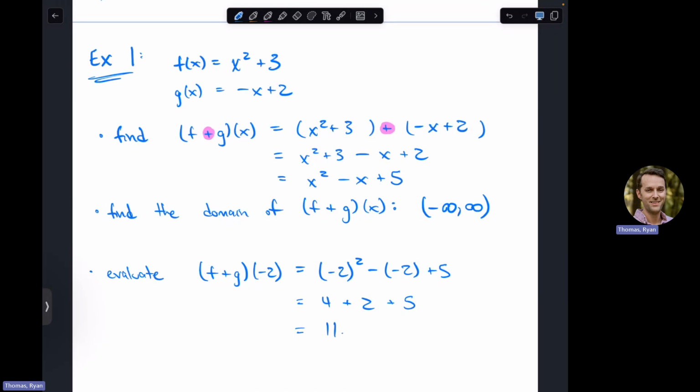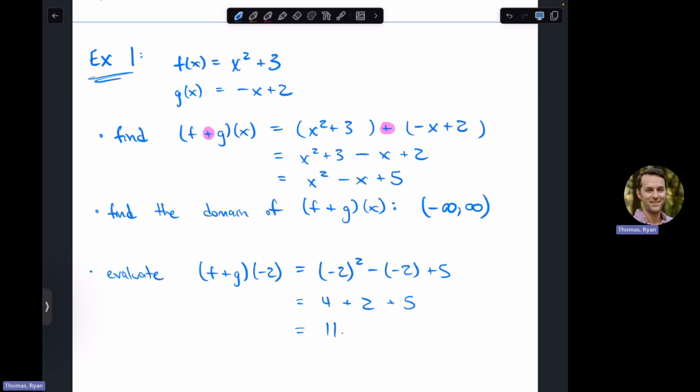Instead, if you want to find f plus g of -2, you plug -2 into f and plug -2 into g, and you get the same thing. So we can either combine the two functions into one and then evaluate, or evaluate them both separately and then add those. And you end up in the same place.